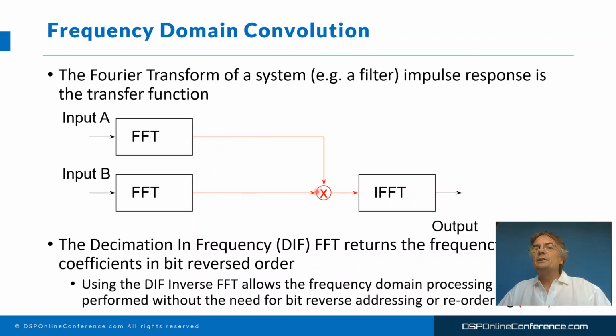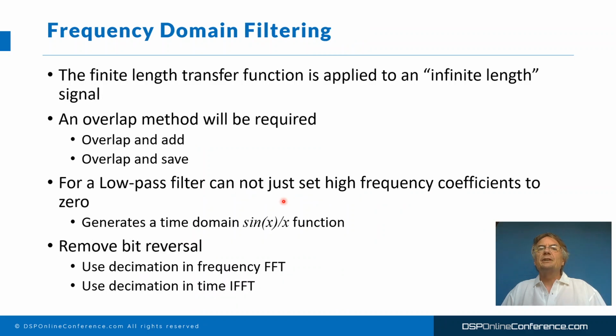If we handle all of the data in bit reversed format in the frequency domain, we don't need to de-reverse it, then reverse it again. We'll just leave all of the data in bit reversed format, process it in bit reversed format, and then we would again use the decimation in frequency inverse FFT to get the output sequence that we are looking for. So again, using bit reversed ordering allows us to significantly reduce the MIPS requirement of our application.